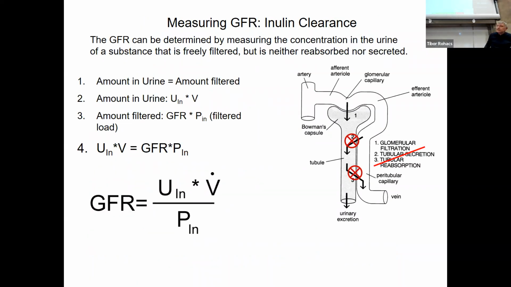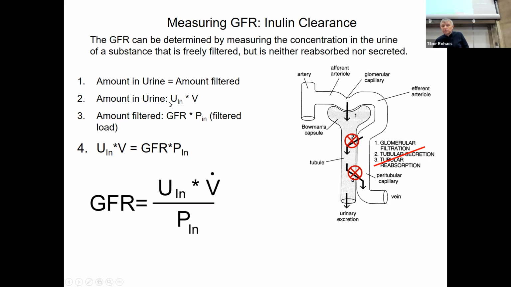So let's come back just to revisit inulin clearance one more time. The glomerular filtration rate is one of the most important kidney parameters that can be measured and can be estimated. If you want to measure it precisely, then you can use the clearance principle. This is just an additional way of deducing why GFR is the same as inulin clearance. You can look at it this way: if something is filtered but neither reabsorbed nor secreted, then the amount in the urine should be equal to the amount filtered.